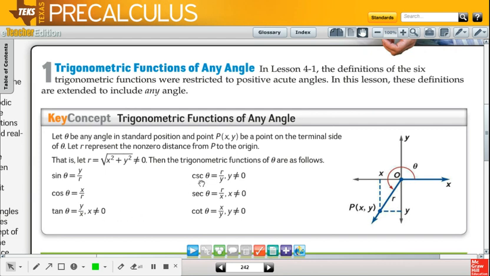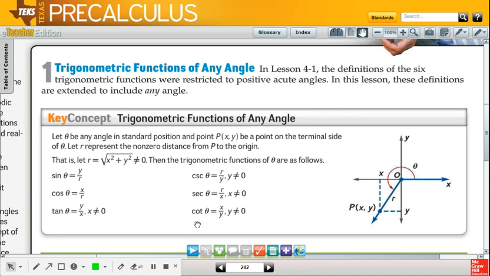Now moving on to the rest of the functions, cosecant theta, CSC, is equal to r divided by y, where y does not equal 0. Secant theta, r divided by x, where x does not equal 0.